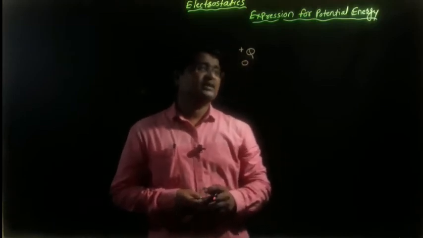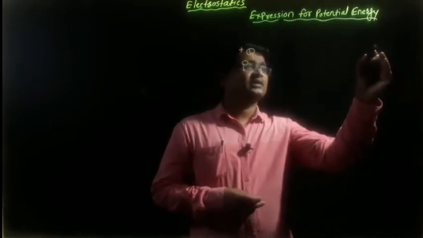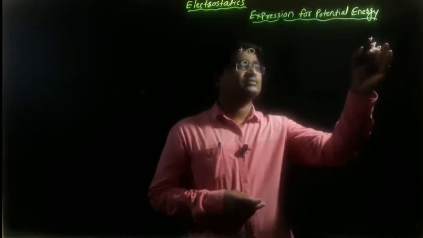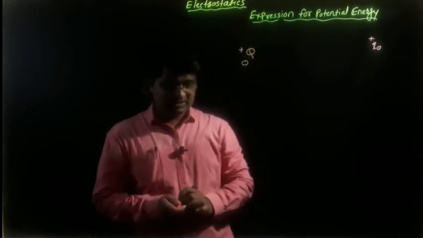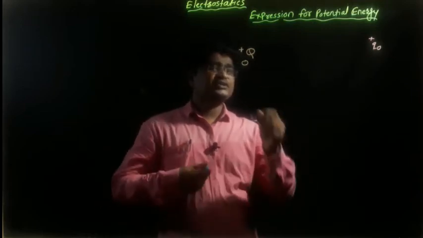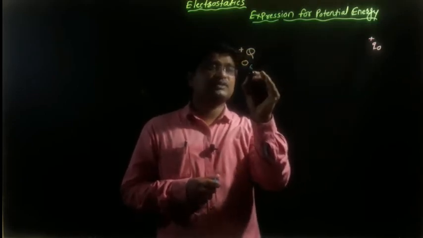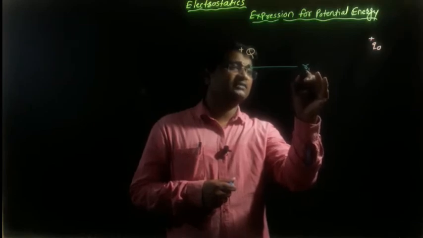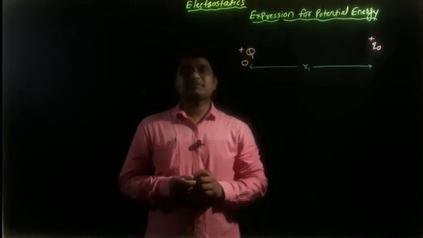Let's consider another point, where there is another charge, a unit positive charge, denoted by Q naught. So Q naught is the unit positive charge, and initially these two positive charges are separated by distance R1 from each other. So R1 is the distance between the two charges.